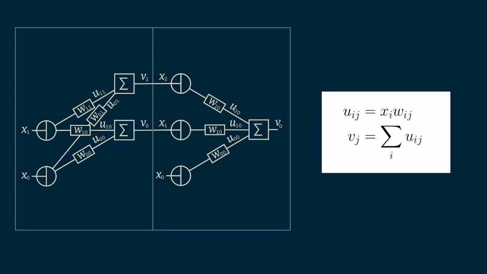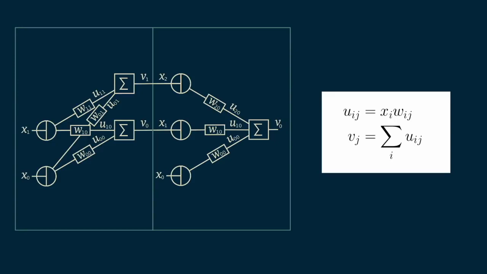We can modify our equations accordingly to specify which of the shared nodes we are talking about. They behave exactly the same, so we can be efficient and reuse our equation, but we can specify subscript j to indicate which output we're talking about.